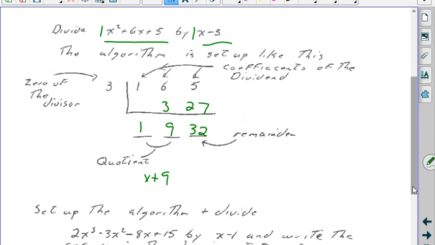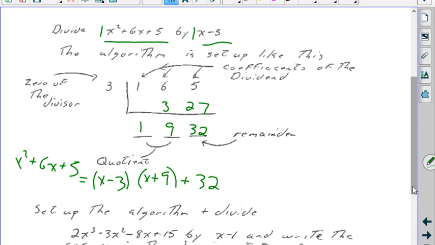And then we lose a term because we have x plus 9. We just keep decreasing the power of our variable here. So we did this earlier, and we got the exact same thing.